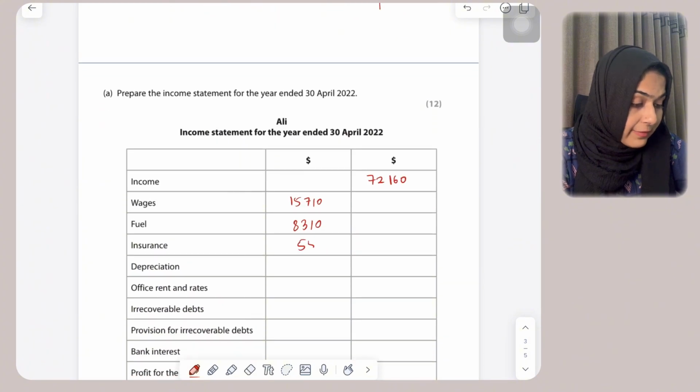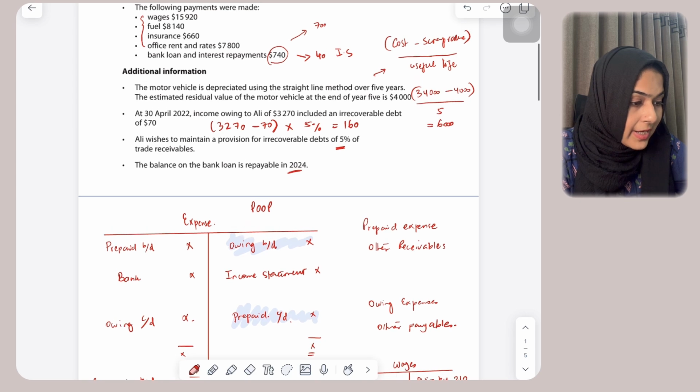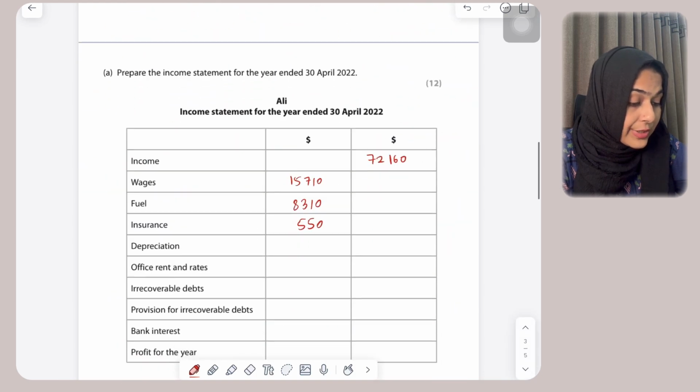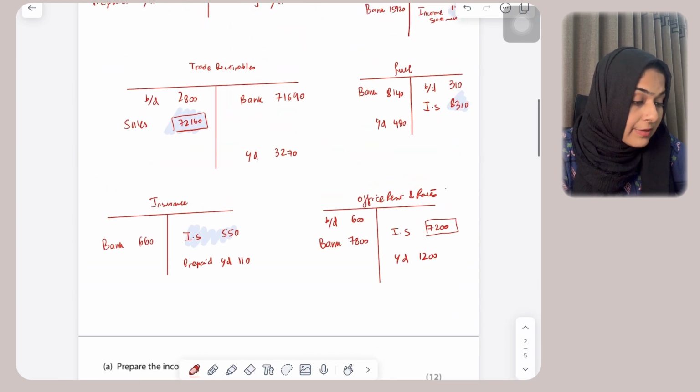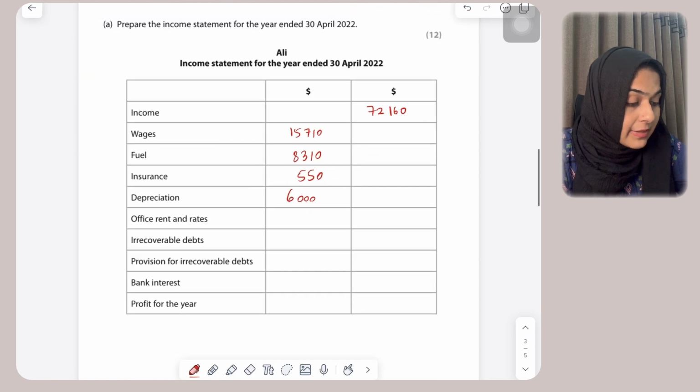I'll write 550. Then depreciation, I calculated for you, which was 6,000. So this is my depreciation, 6,000. For office rent and rates, I made the T account. Here's my T account for office rent and rates. 7,200 is the amount, so I'll directly write 7,200.